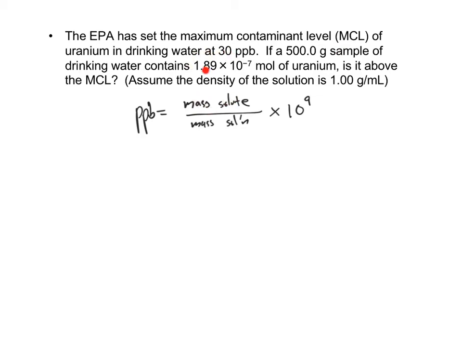Well, they gave me the moles, and so I know I can get mass from moles by using the molar mass. And so we just have an element, so I can just get the molar mass from the periodic table, 238.03.